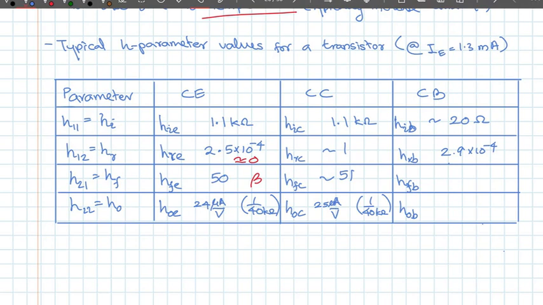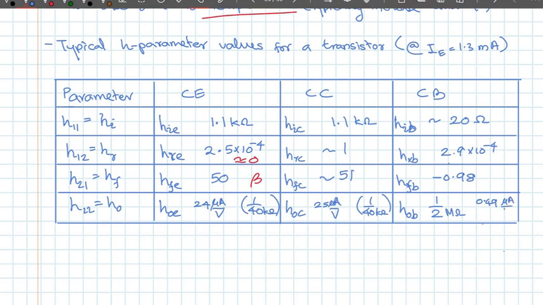If you remember, in this case, it's like minus 1, so minus 0.98. No units. And output impedance is very high. This is 1 over 2 mega ohms, so it's like 0.49 microamperes per volt.